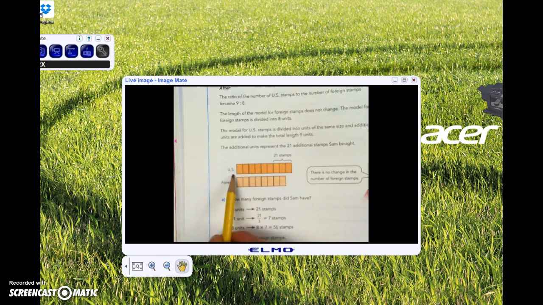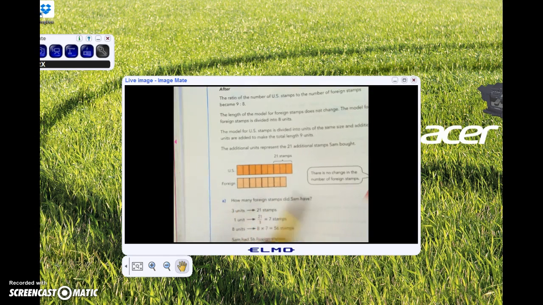Well, here it's drawn a picture of exactly what I had on my paper, our 1, 2, 3, 4, 5, 6 units, and then I added the 3 to make our ratio 9, like it said, and those extra 3 equaled 21 stamps, and then our original 4 divided into 2 parts, which equaled 8 of foreign stamps.